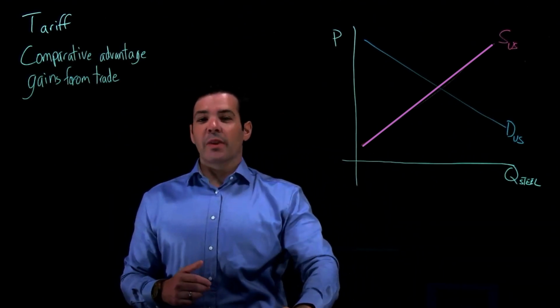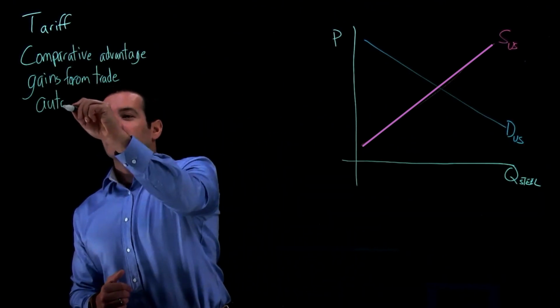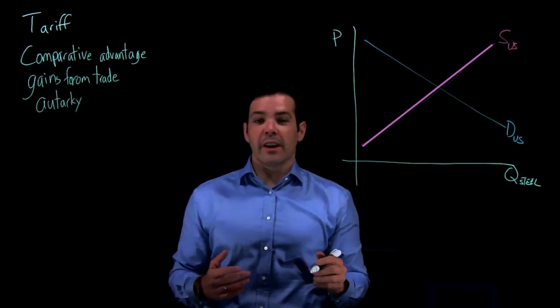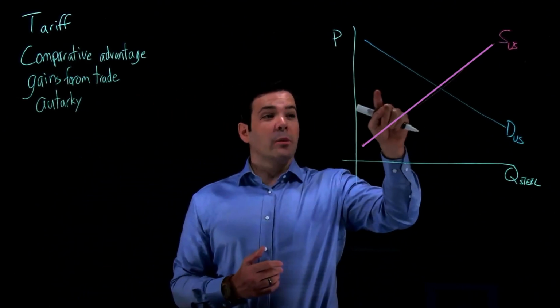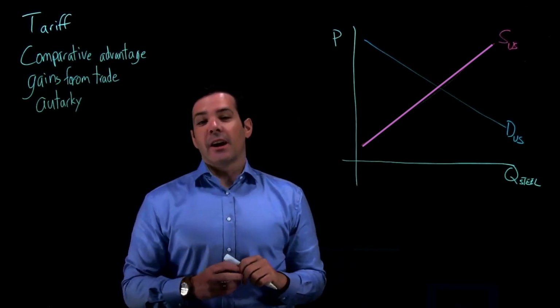An analysis without international trade, which is called autarky, and that's just a fancy way of saying no trade, would stop there with an equilibrium price and an equilibrium quantity. But what if there is international trade?